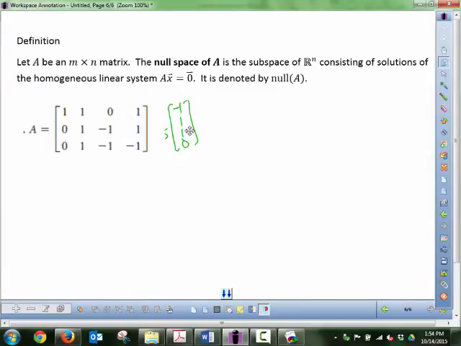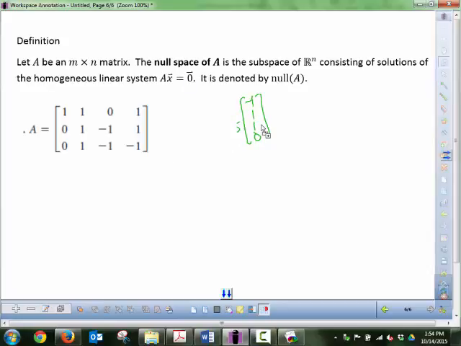Multiply this by anything, because the null space is supposed to be the span of this vector. Multiply this by anything. Give me a number. 6.